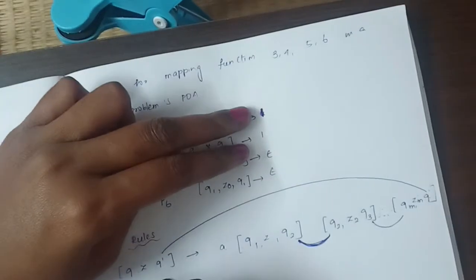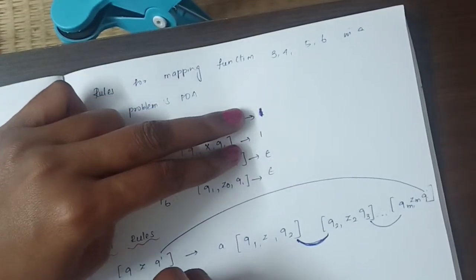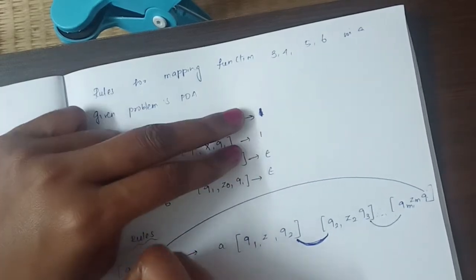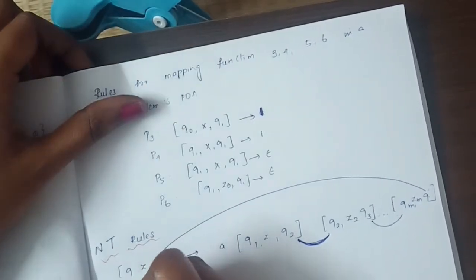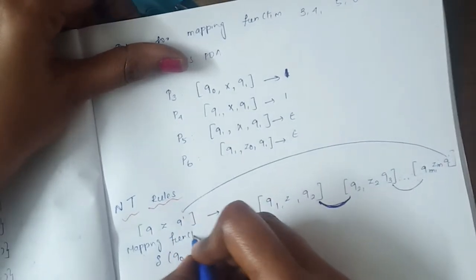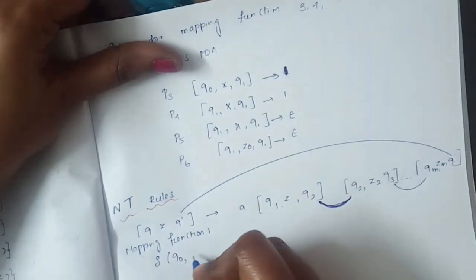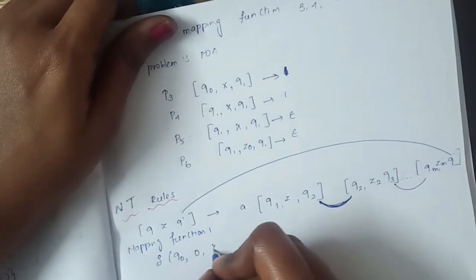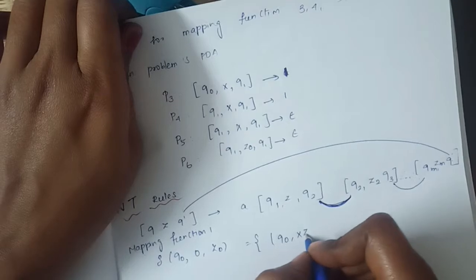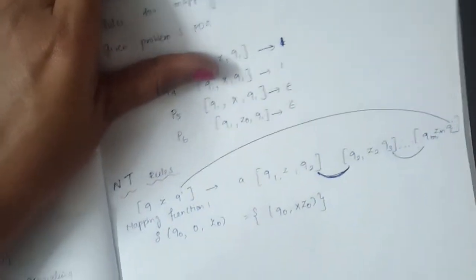So for my mapping function 1, we have Q0. Write mapping function 1: Q0 0 is not equal to Q0 x. This is my rule.